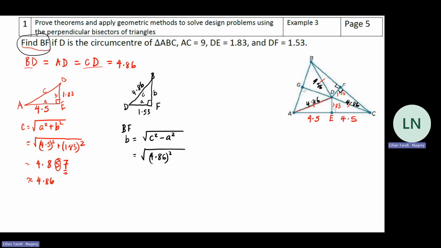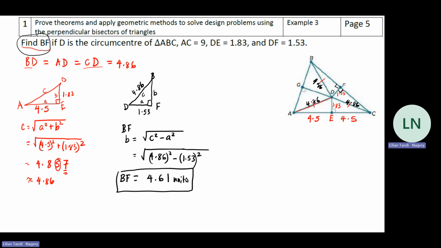And then we are going to find the square of 1.53. And then once I find the squares and subtract them, I should get my answer for BF. So BF would be 4.61. And because I don't have units, I'll just put the word units, because they didn't say whether it was centimeter or not. So this will be our answer.